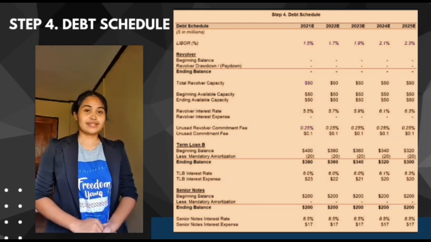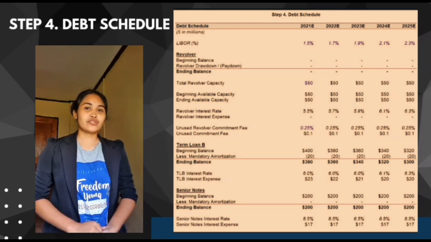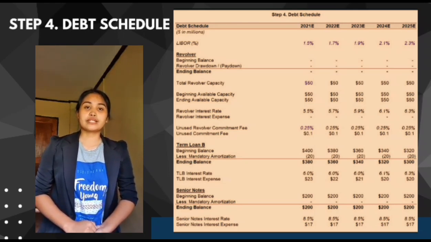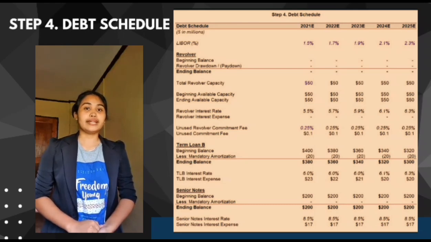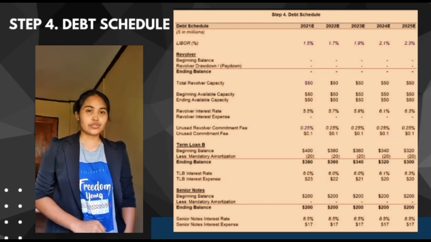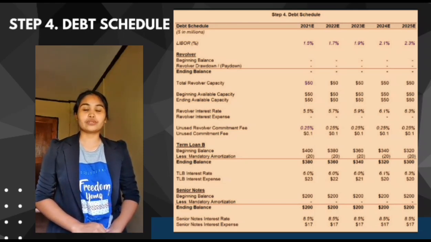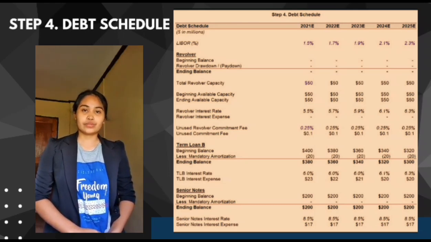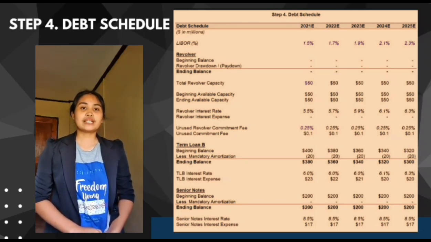Less mandatory amortization. Similar to the term loan B, this would show any scheduled principal repayments for the senior notes. In this table, it's 0, indicating no mandatory amortization. Next is ending balance. Consequently, the ending balance of the senior notes remains at 200 million throughout the projection. Next would be the senior notes interest rate. This is the fixed interest rate on the senior notes at 8.5% per year.